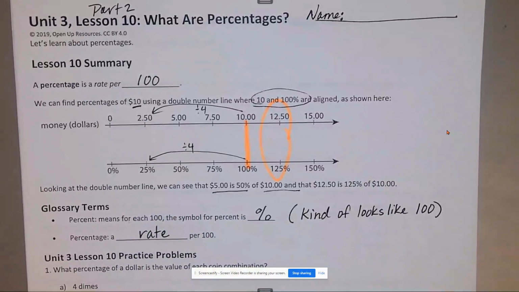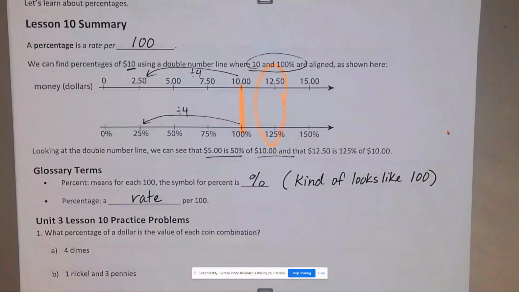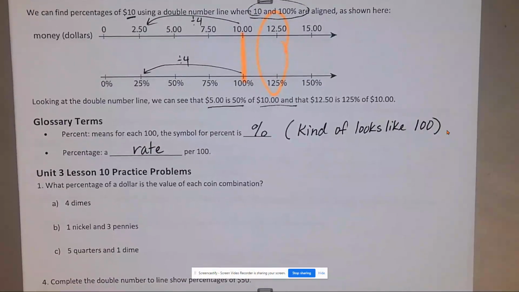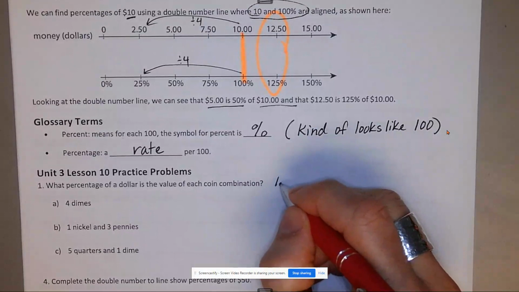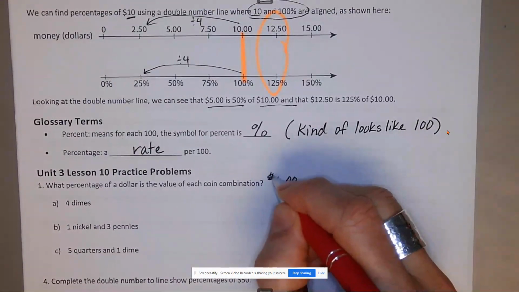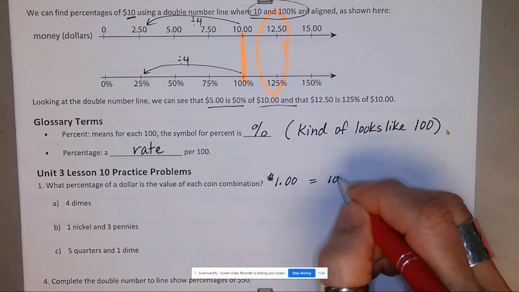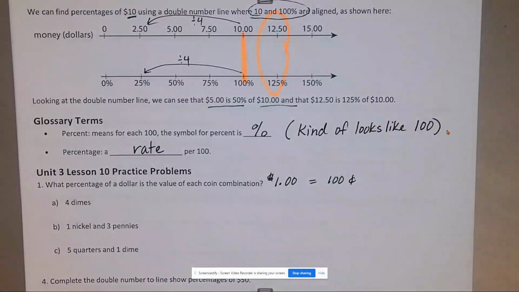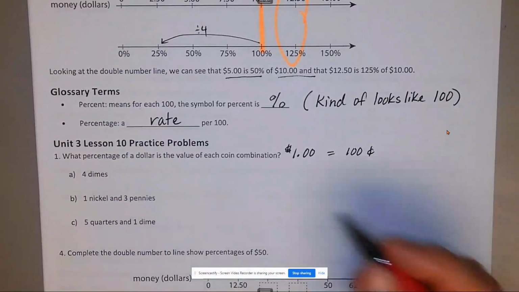We could also call it a ratio. So what if we are thinking of money? American money, $1 is equivalent to 100 cents or 100 pennies. So it's easy to use to think about percents.